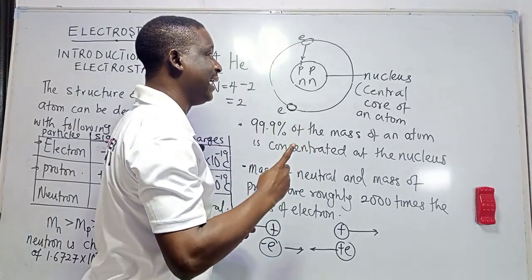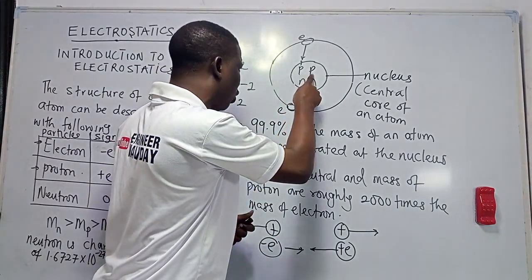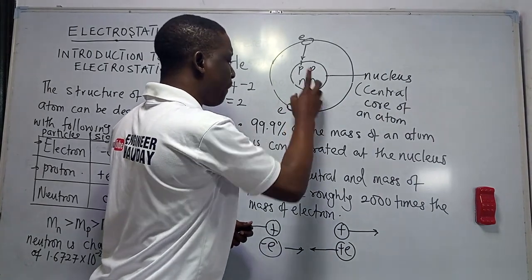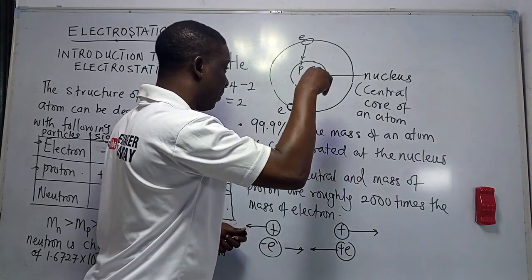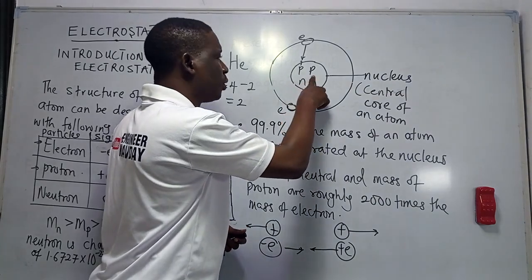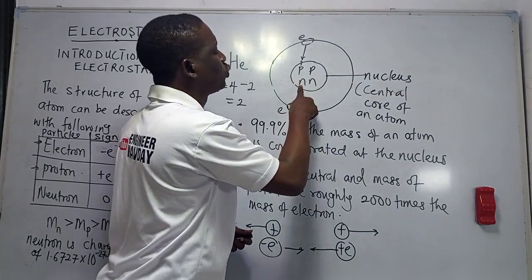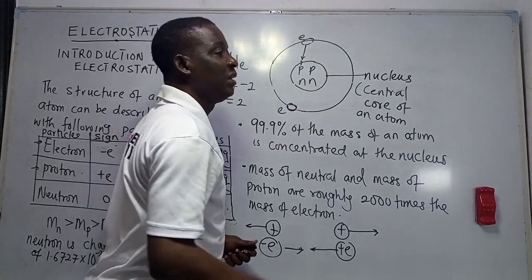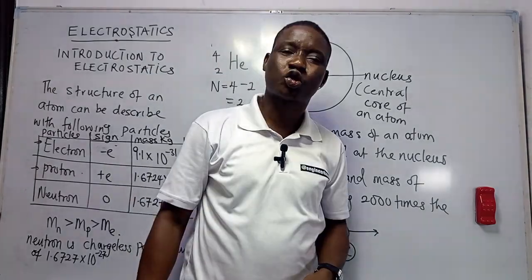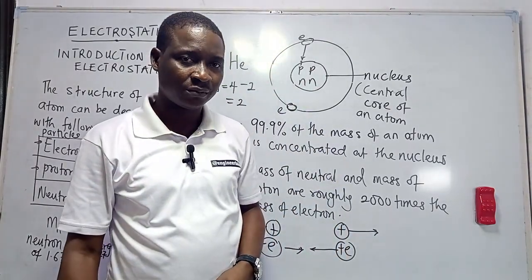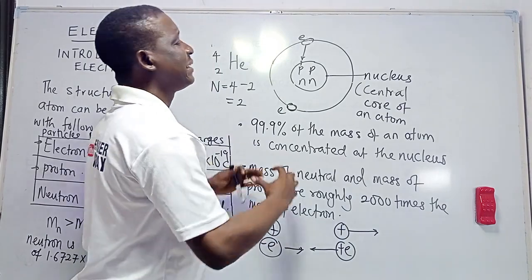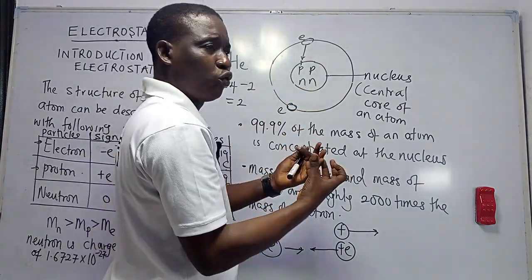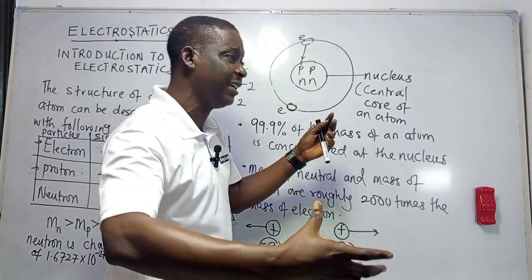And don't also forget that the force holding proton to proton, or proton to neutron, together in a nucleus, apart from the electrostatic force I have talked about, is what we call strong nuclear force. It enables the nucleus not to decay, not to be split.